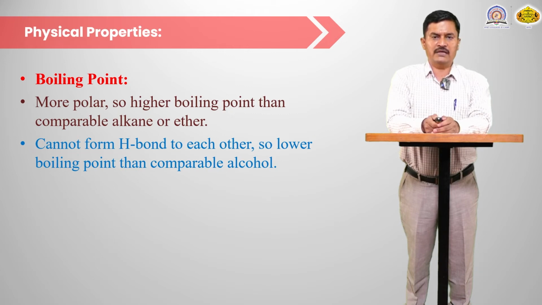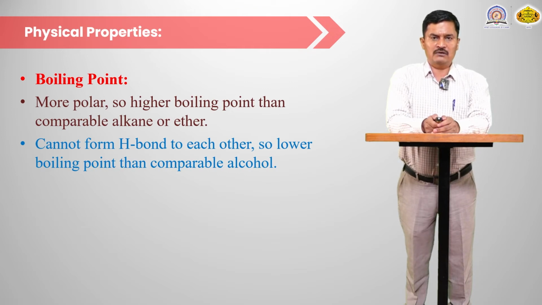In aldehydes and ketones there is a carbonyl carbon, so the boiling point of aldehydes and ketones is higher as compared to the alkane, because alkanes are non-polar while carbonyl compounds are polar.